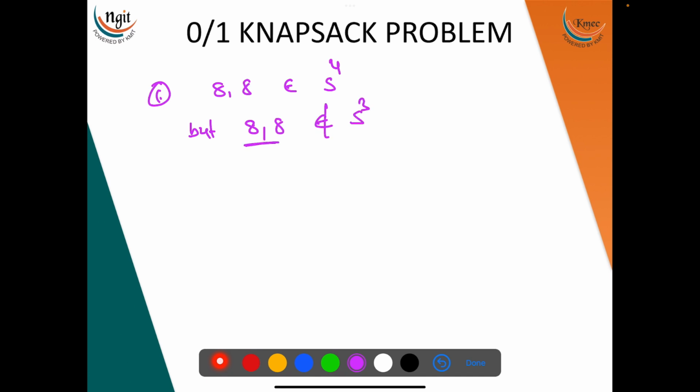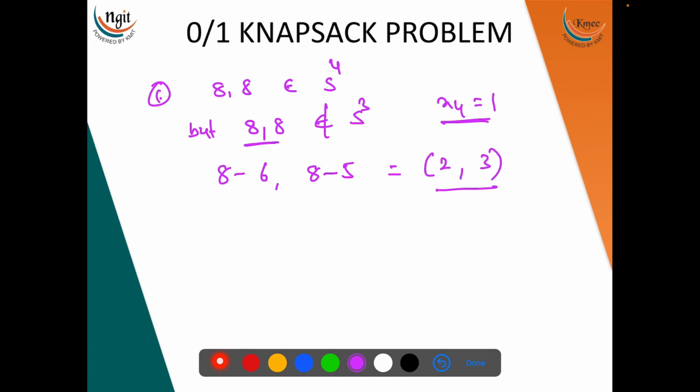So it senses that the X4 item is included, not X3. Correct? Now when you place the X4 item, what is the bag capacity and what is the profit of the bag? After you place X4, that is 2 comma 3.